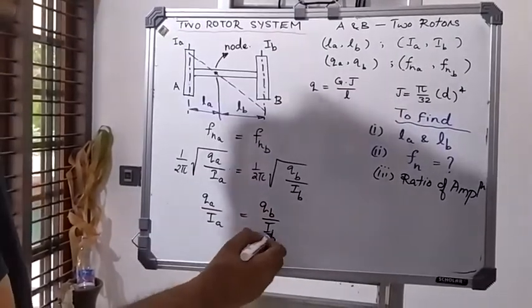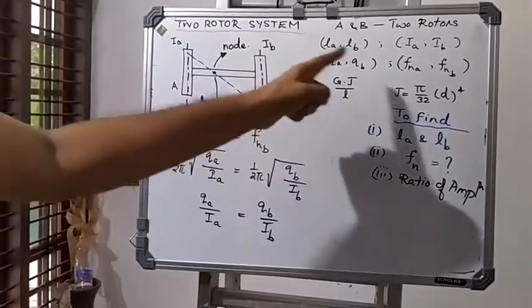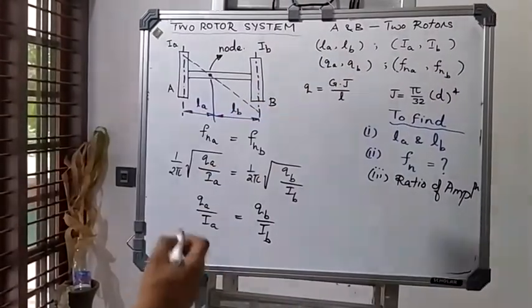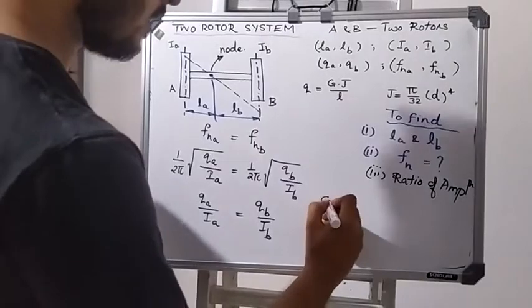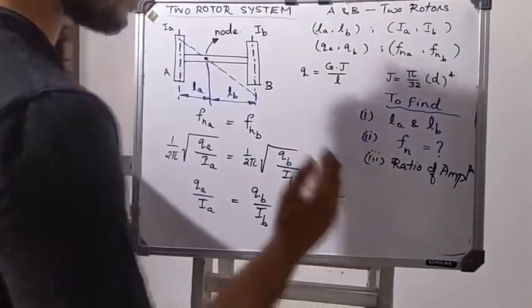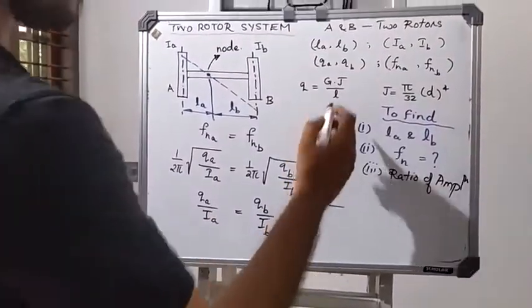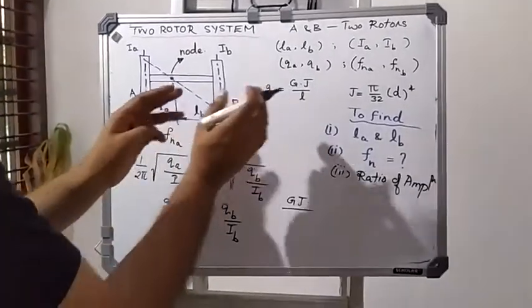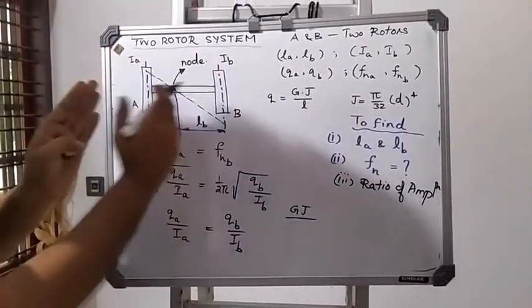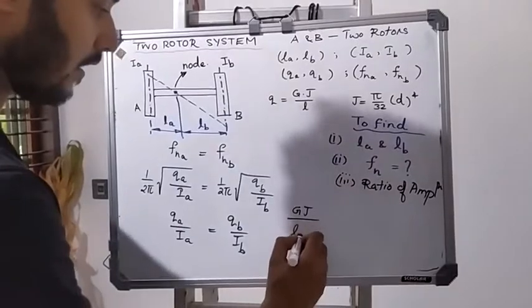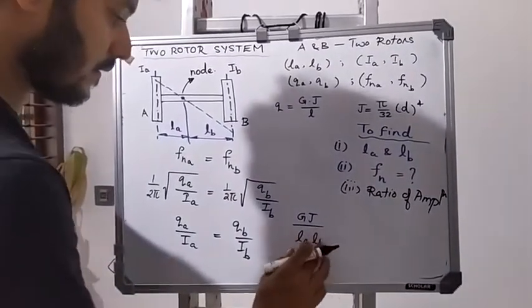Now we can substitute the value for Q from the general equation, and rewrite the equation as GJ divided by LA IA, which is equal to GJ divided by LB IB. GJ will be constants, while L will be different, because this section is divided into two portions, LA and LB.